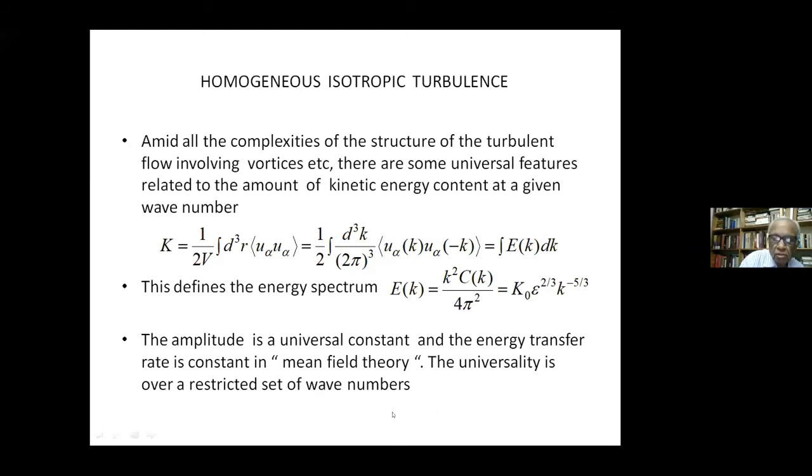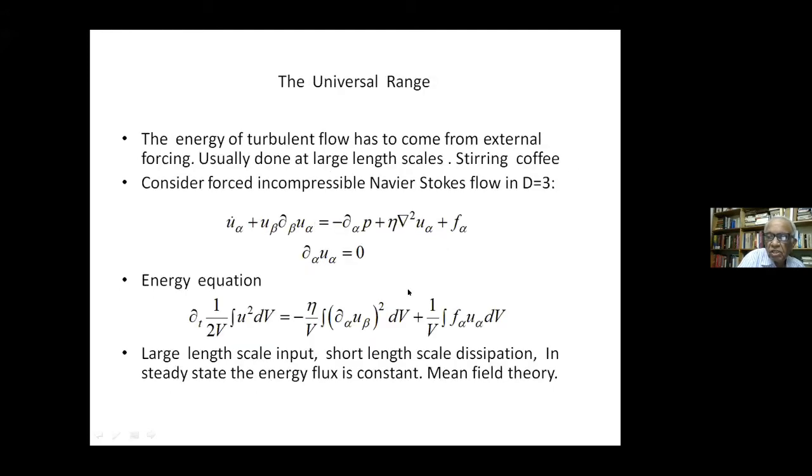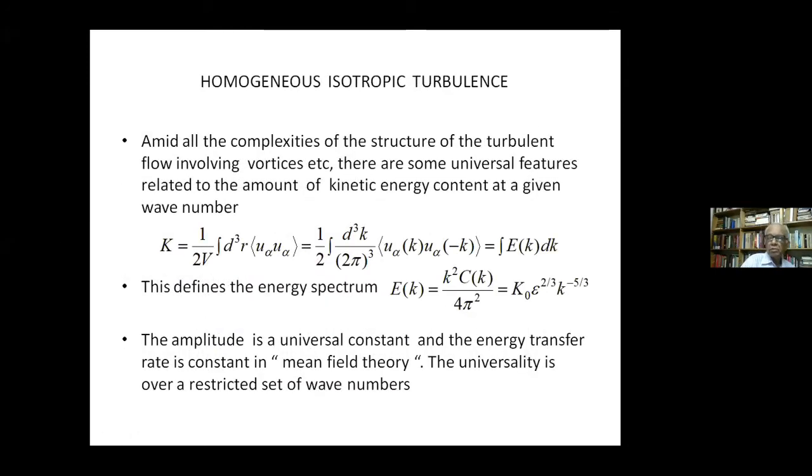The total kinetic energy K is written as an integral over the wave numbers of E of k, which is the energy spectrum by definition. So the point is that this Kolmogorov spectrum, k to the power minus 5/3, has epsilon, the energy transfer rate from one k to the next, and that is supposed to be a constant independent of k.